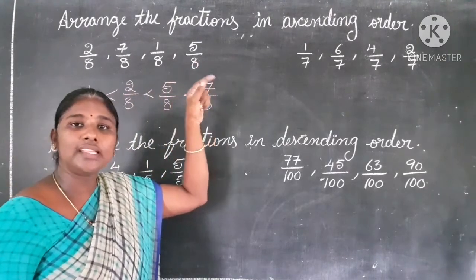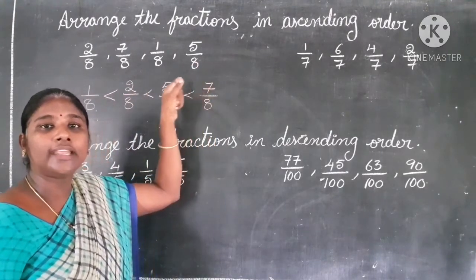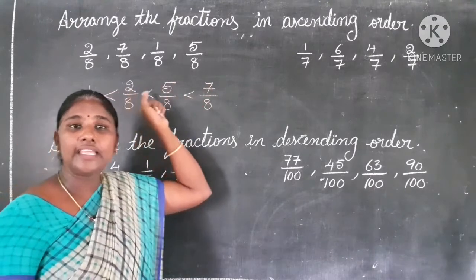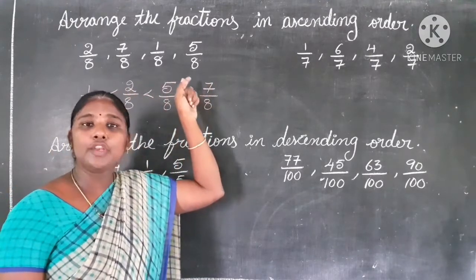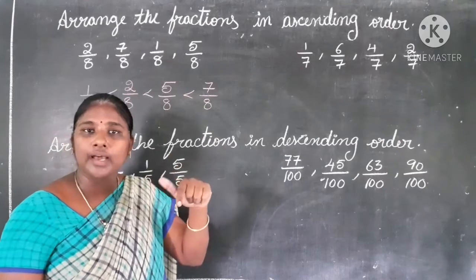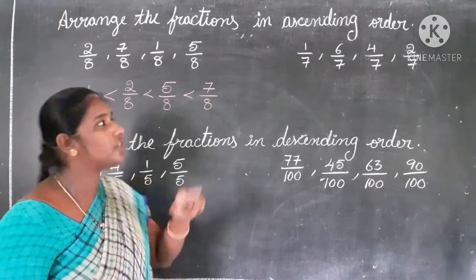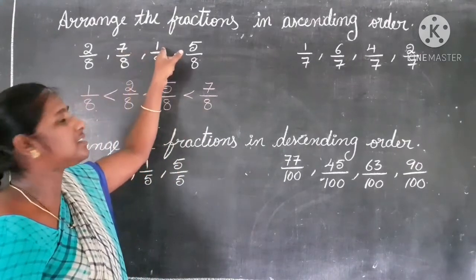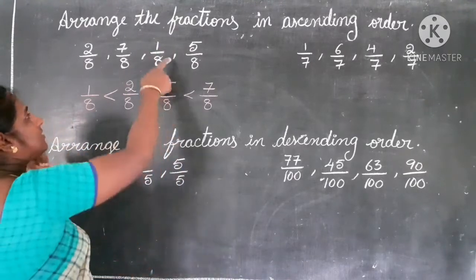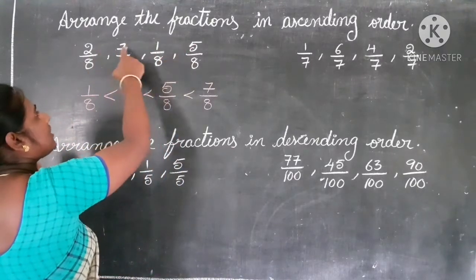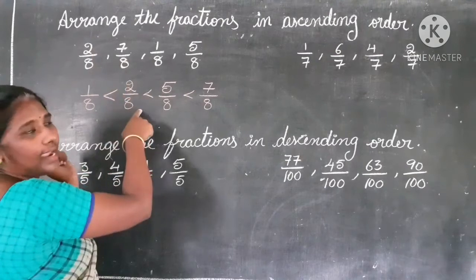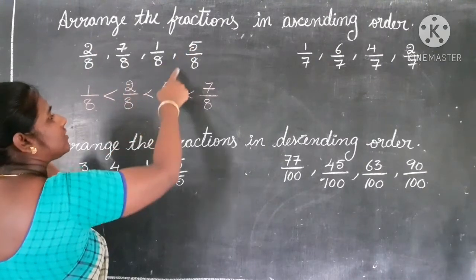How do we know the small fraction? All the denominators are the same. When the denominators are the same, the smallest numerator gives the smallest fraction. First 1 by 8, next 2 by 8, next 5 by 8.